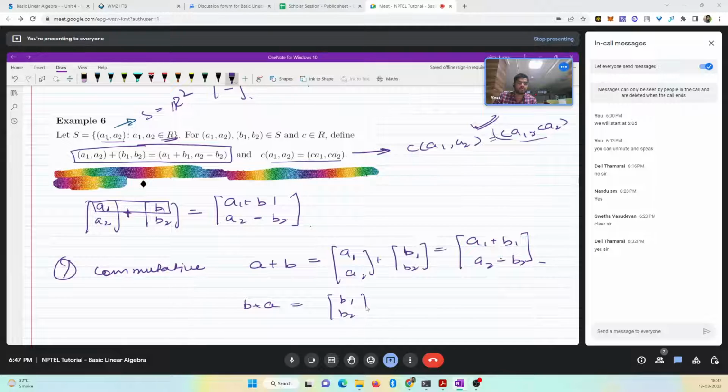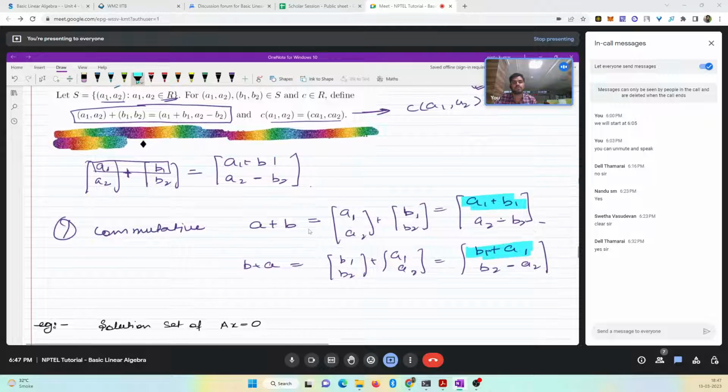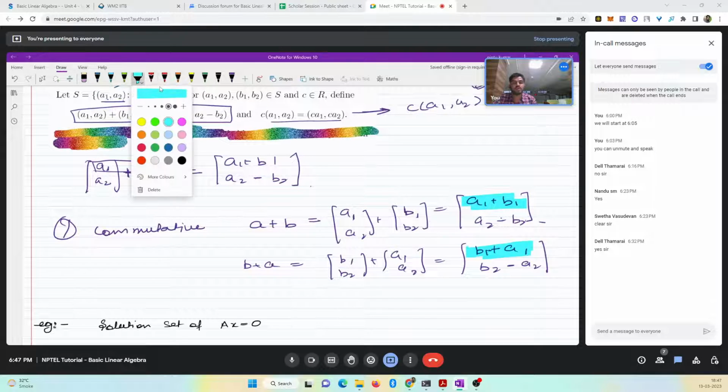B1 B2 plus A1 A2, which is equal to B1 plus A1, and the second entry is B2 minus A2. Now this first entry matches, right? A1 plus B1 is always equal to B1 plus A1 for real numbers. But is it true for the second entry?